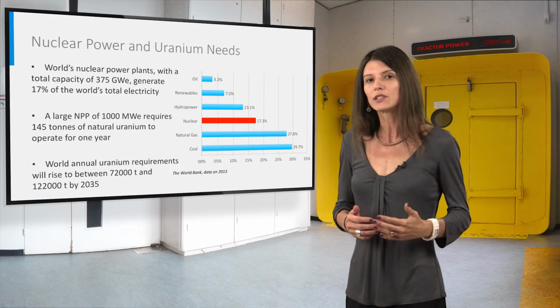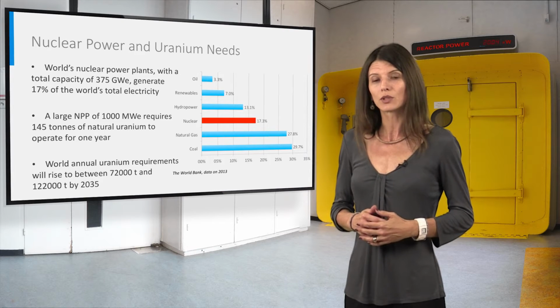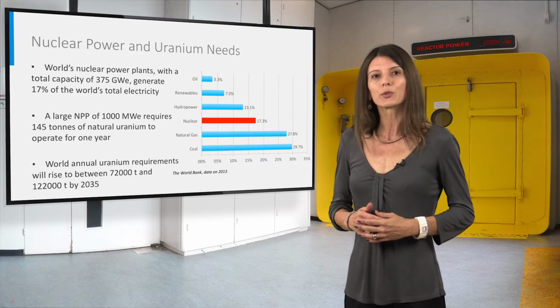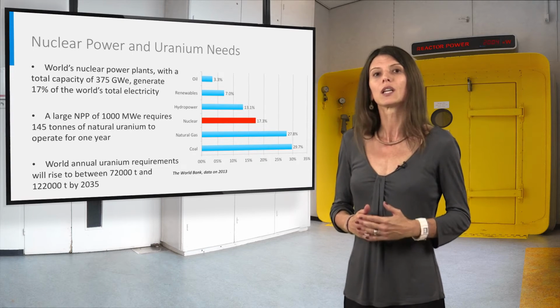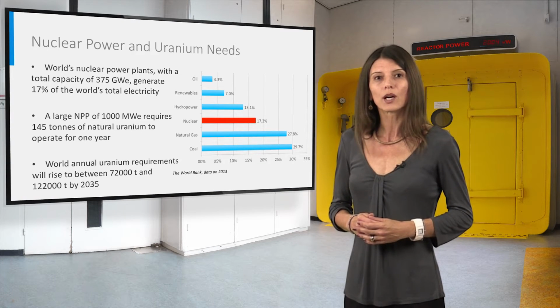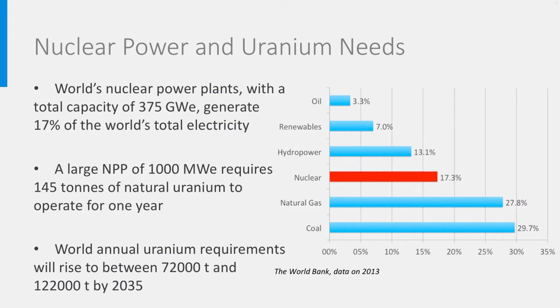Today, about 17% of all electricity in the world is generated in nuclear power plants. A pressurized water reactor with a burn-up of 65,000 megawatt-day per ton requires 145 tons of natural uranium for 1 year of operation. Fast breeder reactors will improve the fissile material utilization and thereby will reduce the consumption rate.